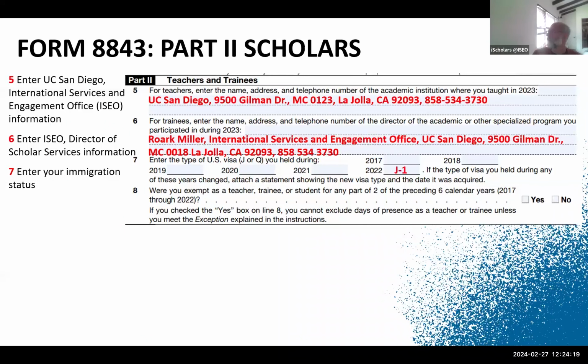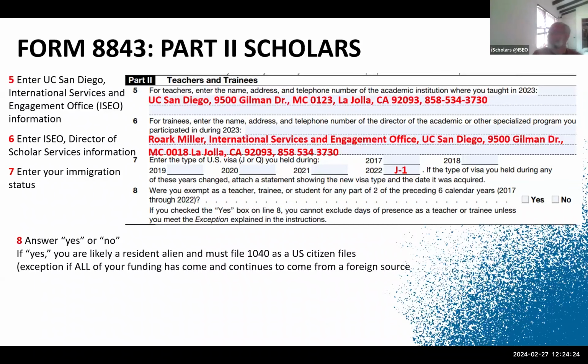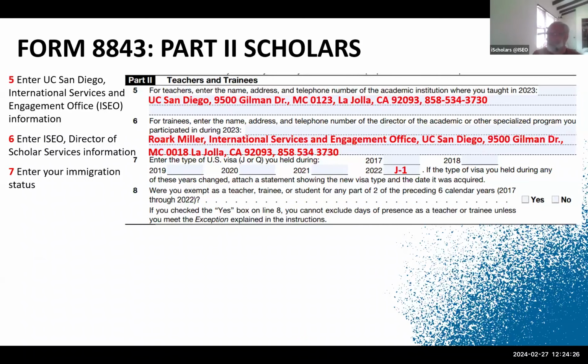So for me, in this particular example, I was only in the US in J1 status in 2022, and I leave the other years blank. If I were an F1 student who started in 2018, I'd be putting F1 in 2018, 2019, 2020, 2021, and 2022. Although that doesn't pertain because this is a scholar section, not a student section.